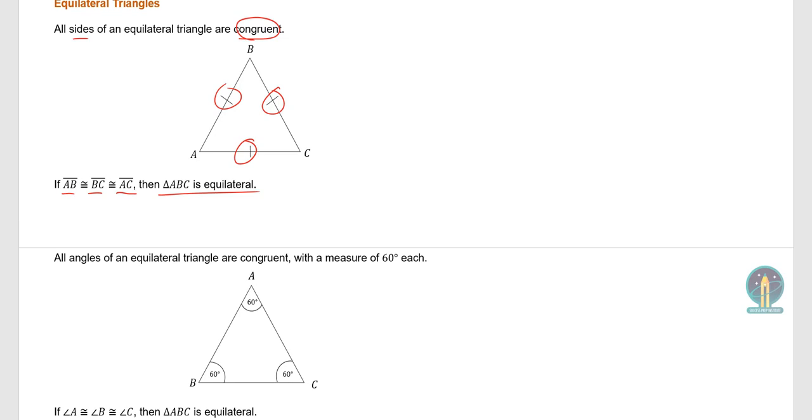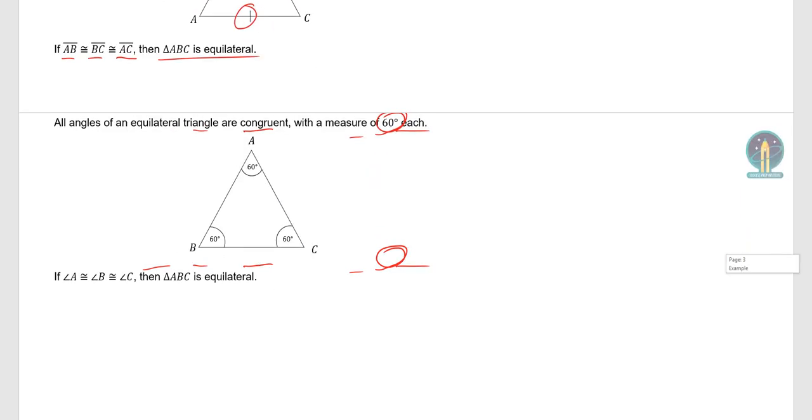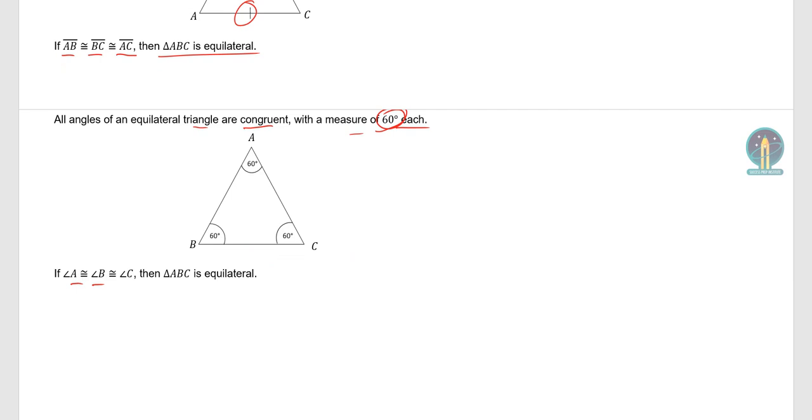Another way to look at equilateral triangles is through the interior angles. All angles of an equilateral triangle are congruent with a measure of 60 degrees each. If they are equal to 60 degrees, then the triangle is equilateral.